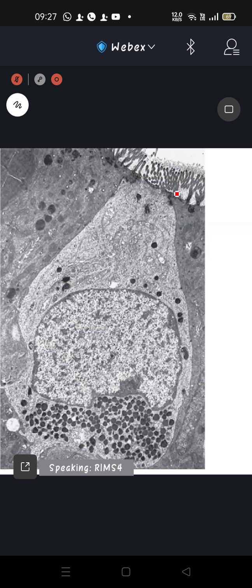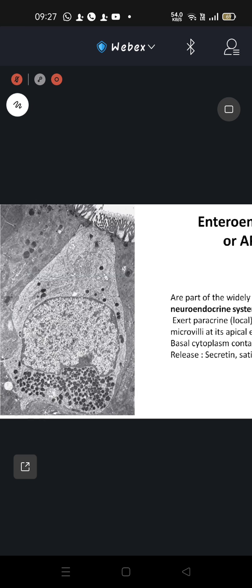So they sense the nutrient, and the basal portion is filled with fine granules, which are released depending on the type of sense they have. When these granules are released, they secrete secretin and some satiation peptide, which sends a sense of satiety to the higher center, to the brain.